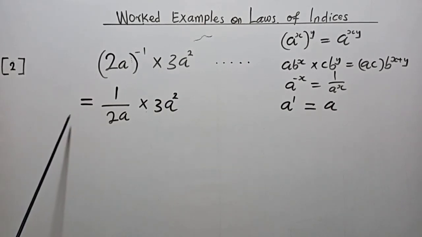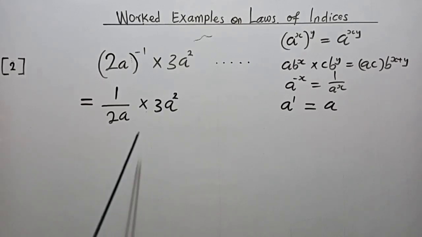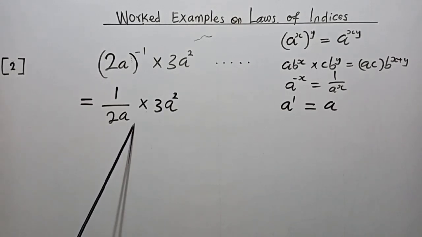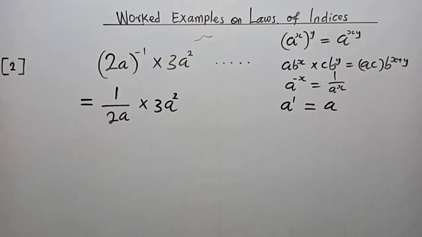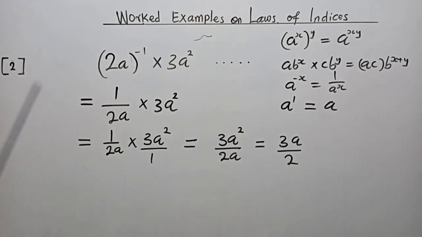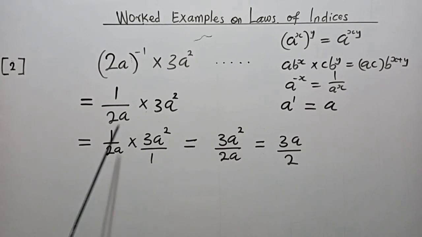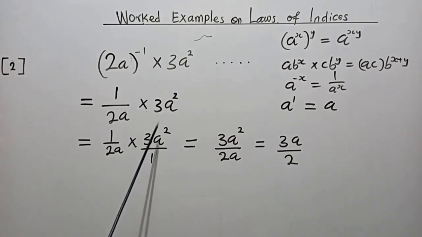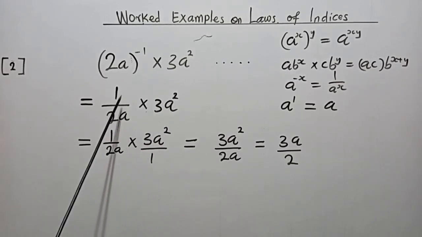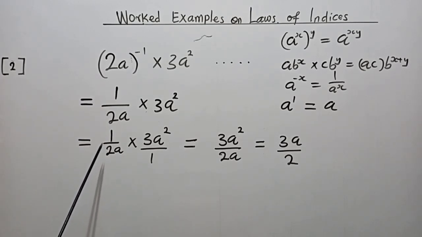So what happens next? Let me rewrite this 3a to the power 2 to take the structure of this one, which is like a fraction, so that we can apply the formula for multiplying fractions to get the answer. See it here. This expression is the same thing as this. The importance of this line is just that this 1 is introduced so that this 3a to the power 2 takes the structure of a fraction like the first one, so that we apply the formula for multiplying fractions.